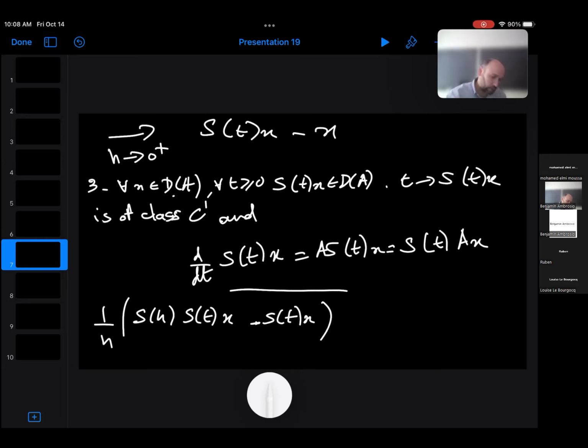And so I want to prove that this is equal, when h converges to 0, to S_t of Ax. So first I start with h positive, and then we will see h negative. And so I will look at the norm of this.